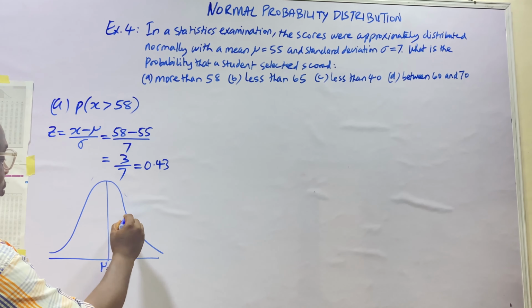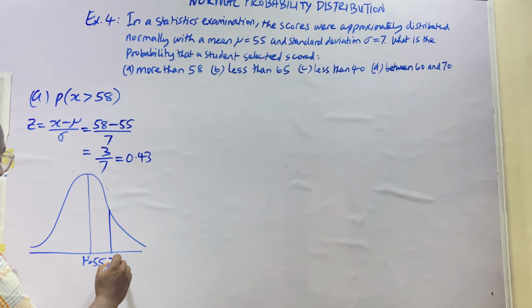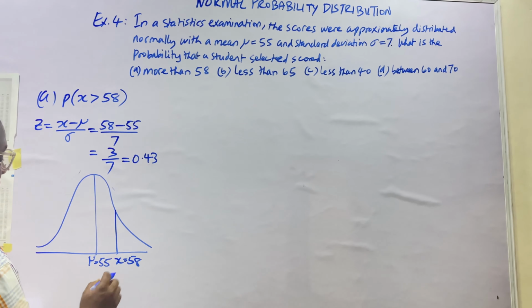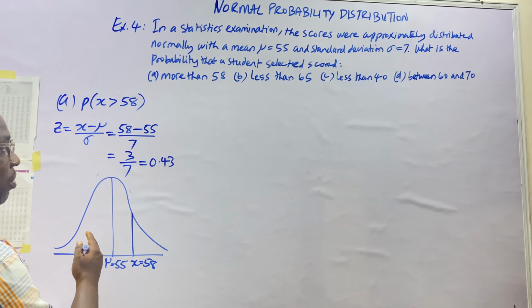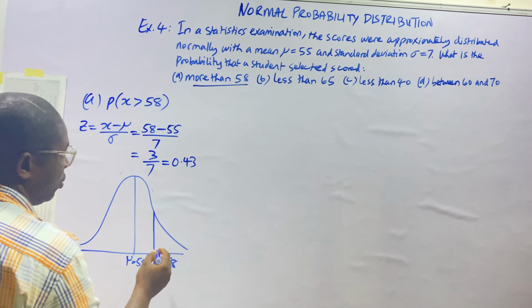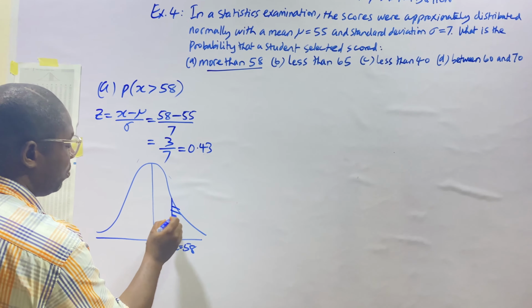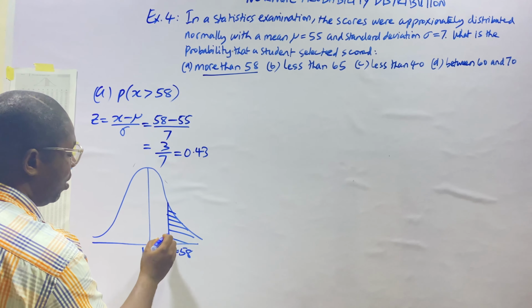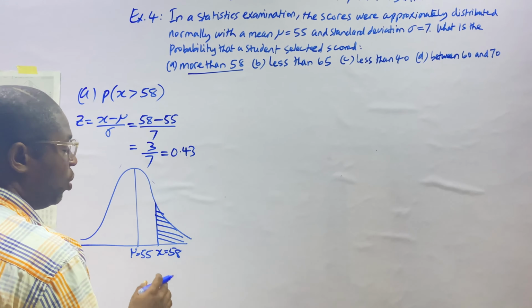So we're going to draw this value here and this line here, so that this becomes 58. Now we are looking for values more than 58, so we have to shade all this portion of the normal curve.